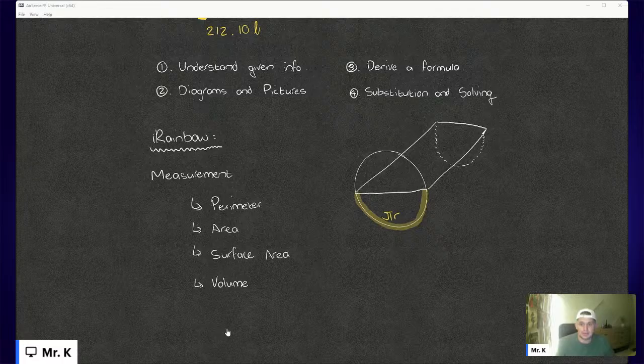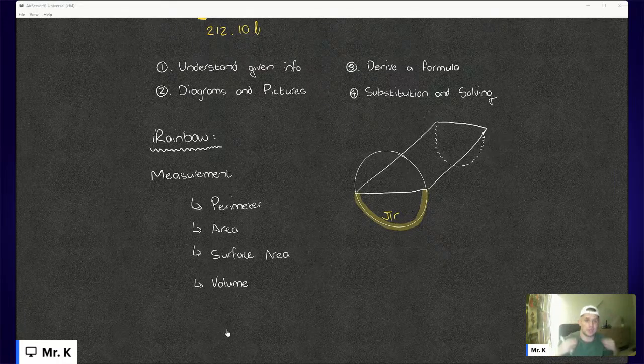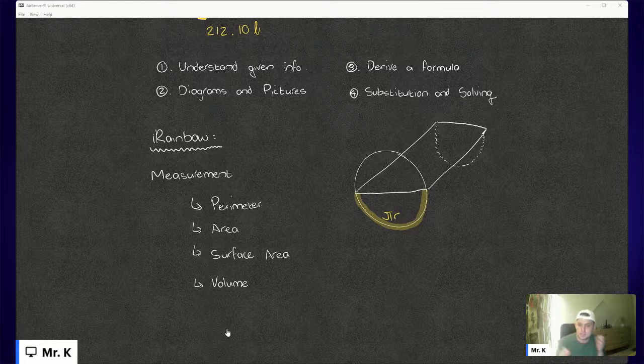If not, then going back to doing perimeter of circles specifically may not be all that bad of an idea. Okay, guys, without understanding the basics, the more complicated formulas just make no sense. All right. So please go and spend some time practicing the quizzes on iRainbow, guys.